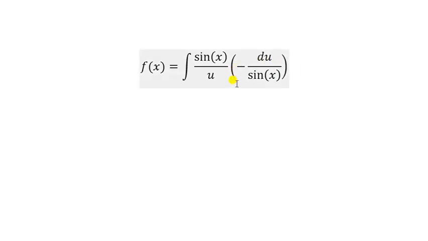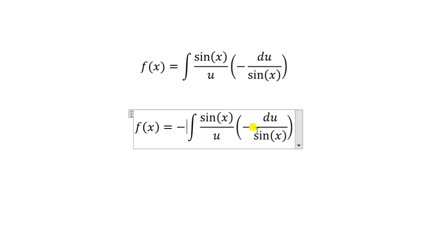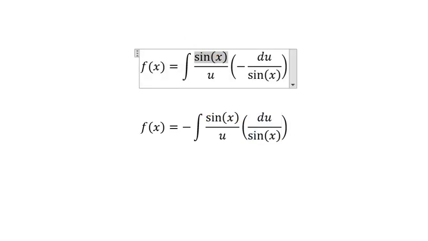This can be simplified. We can take this negative we have here and write it outside of the integral symbol. So we write it here, and I get rid of it here. And this sine we have here cancels with this sine we have here, since they are multiplying and we have a division of sines: sine of x divided by sine of x equals 1, so we can cancel them.